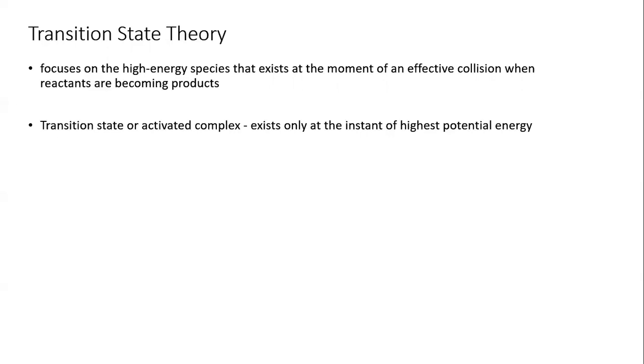So it's kind of like the midway point between reactants and products. And so we refer to this as a transition state or activated complex. And this only exists at the activation energy, and only for a short time, because then you go from reactants down to products.